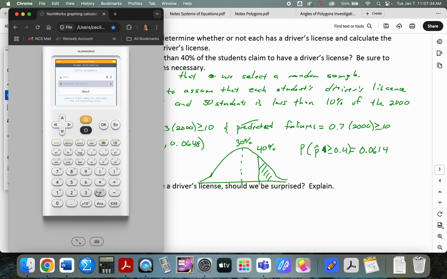And the standard deviation was, I actually put that in. I did the square root of 0.3 times 0.7 divided by 50. And then I want to know the probability that it's greater than, so I need to move this to more than 0.4.